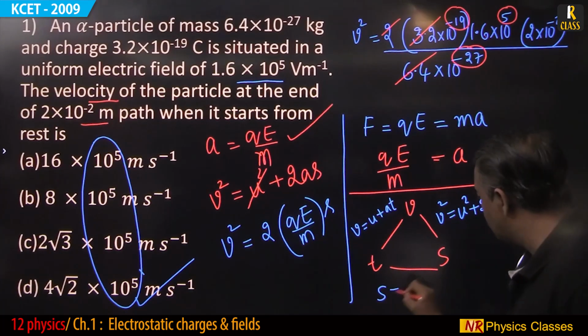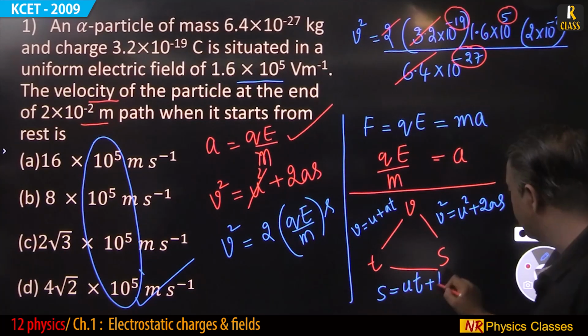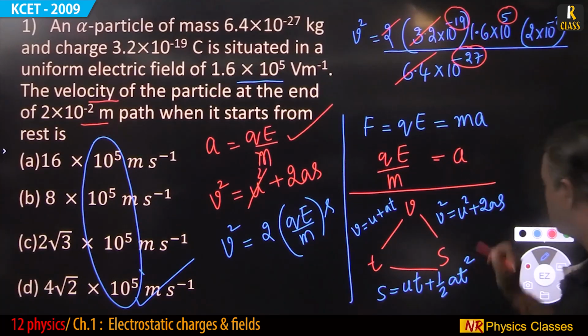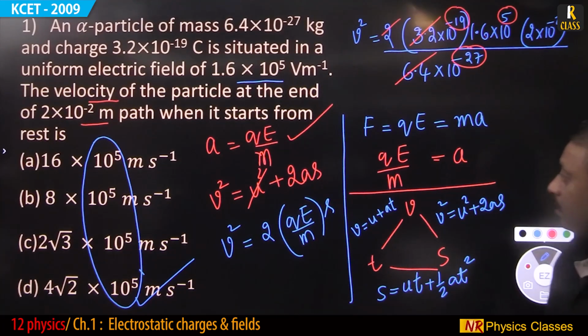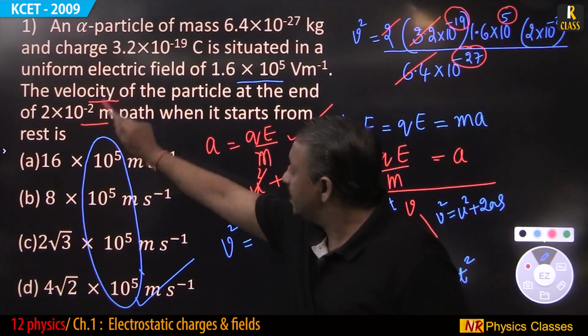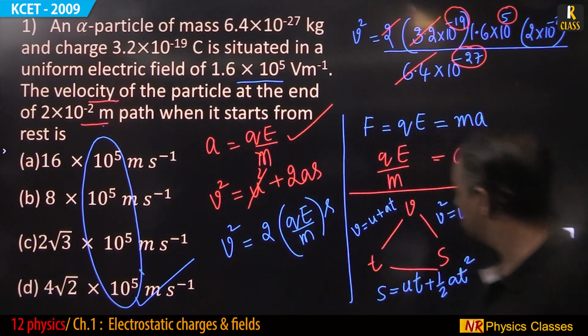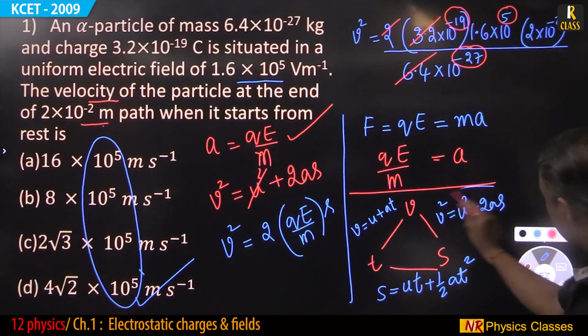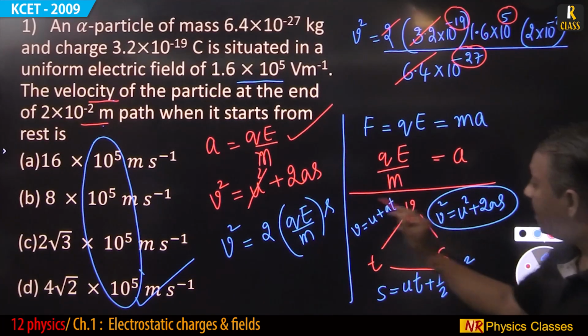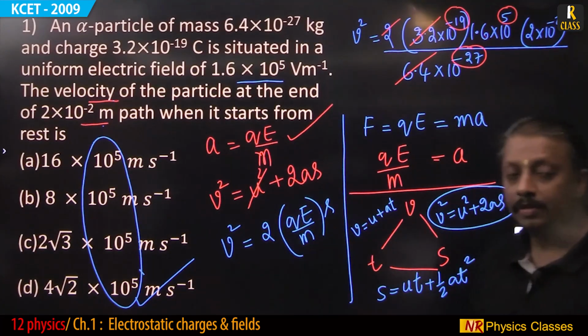Displacement and time means s equal to ut plus half at square. Here we have velocity and displacement, that's why I directly picked this equation.